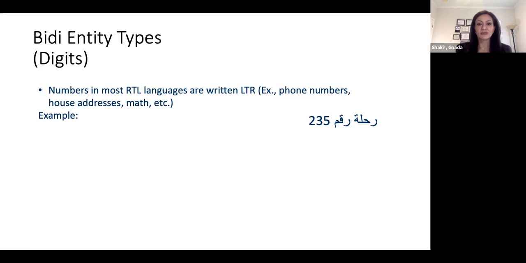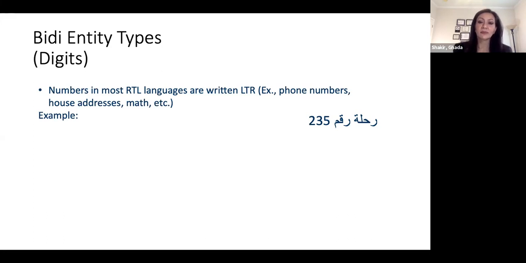To see how the entity types work, if we change the entire base direction, using, for example, in Word, you have the base direction left to right or right to left. If we change it to right to left, this is what we will look at.